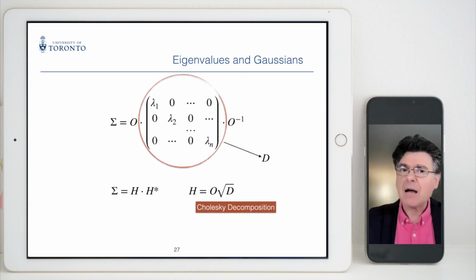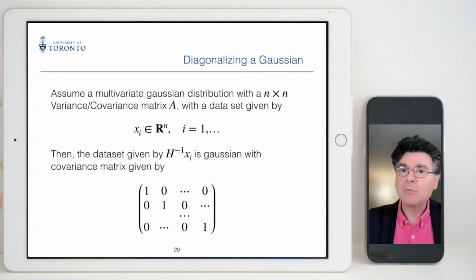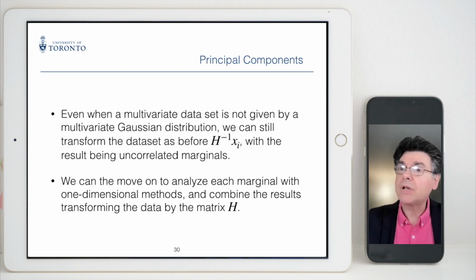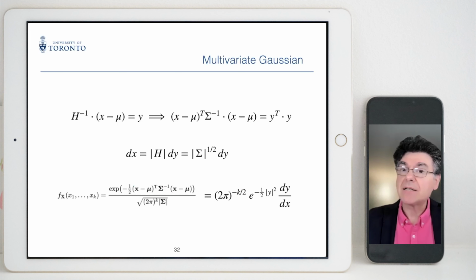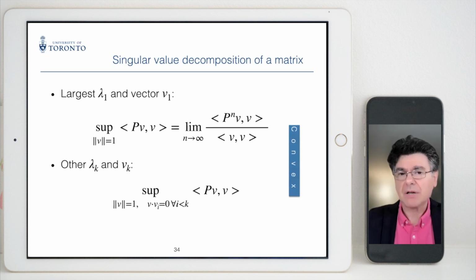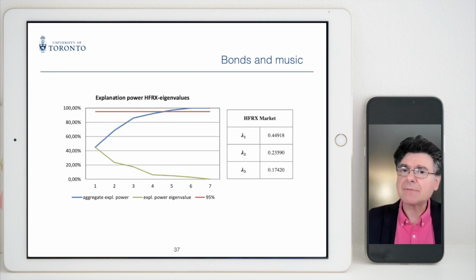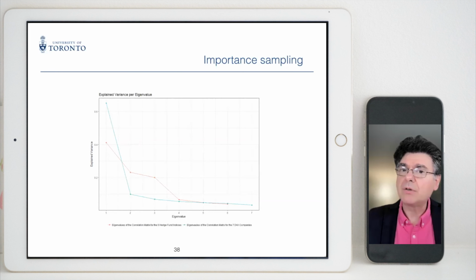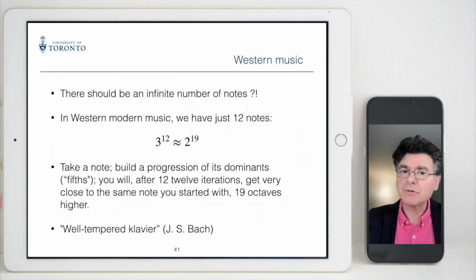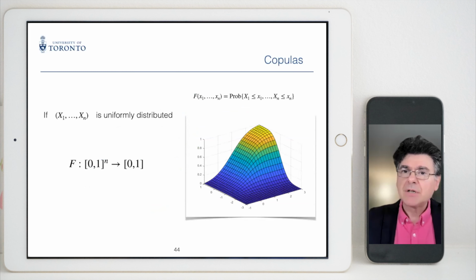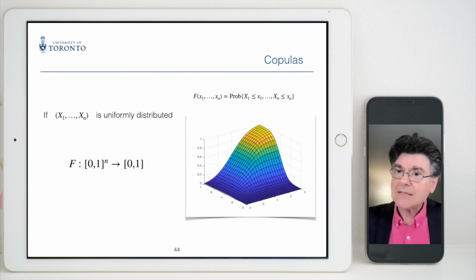But then I will go beyond that. And I will tell you how we can do scenario analysis beyond the Gaussians. I think this is where I ended last week. Beyond the Gaussians, we will be dealing with other issues such as copulas. Copulas are the non-Gaussian way of doing dependent structure.